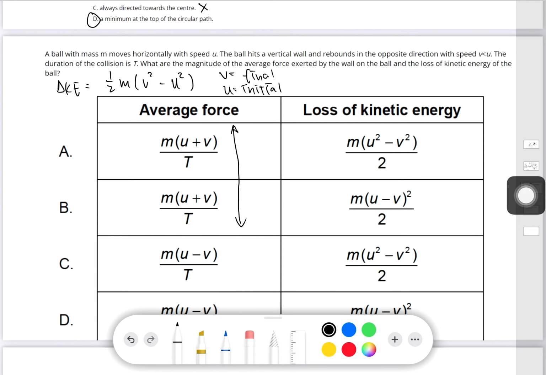It doesn't matter if it's speed or velocity because it gets squared, so the direction does not matter anyway. But because it's asking for the loss, and as we know v is less than u, that's actually already negative. And as for the loss of KE, we change it around. Therefore, the solution would be A.